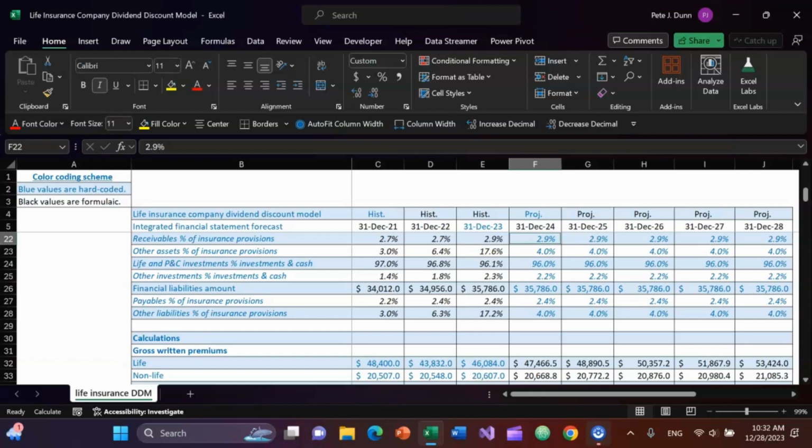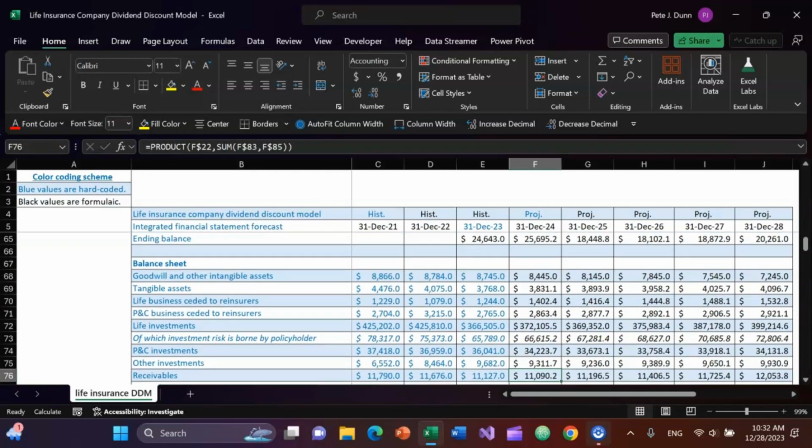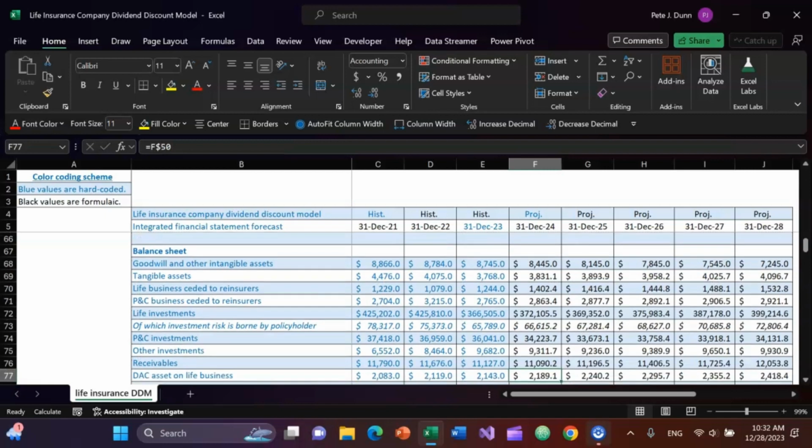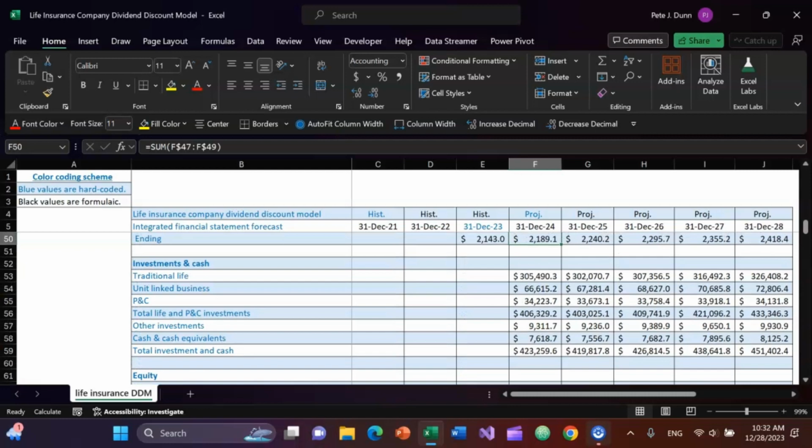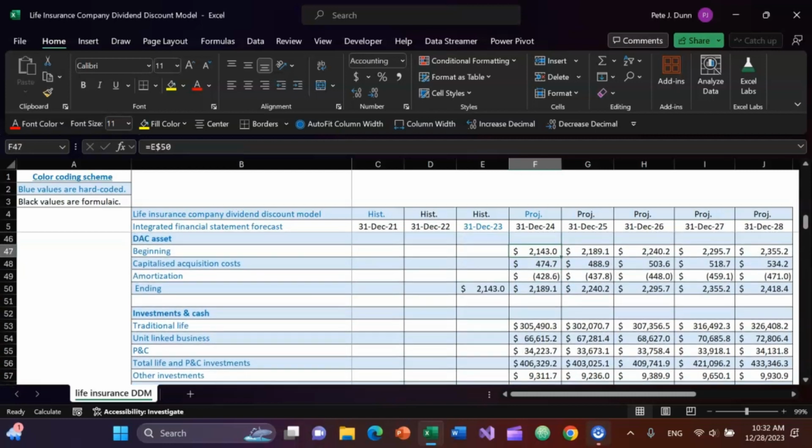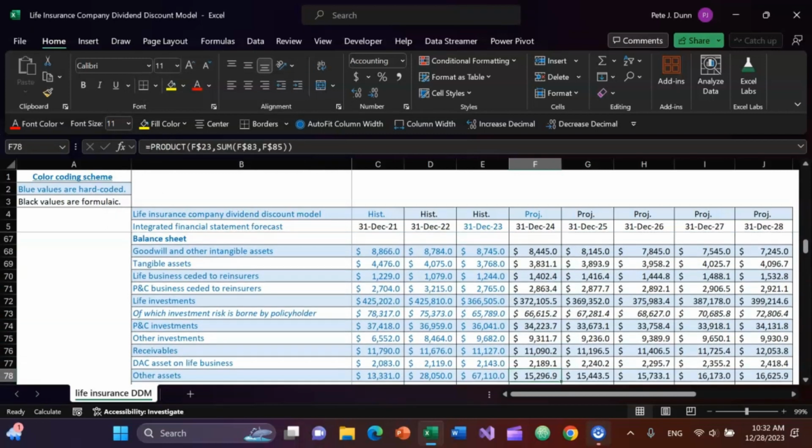We're assuming that assumption is 2.9%. F5 enter to get back. Deferred acquisition costs, that was already forecasted as well in the DAC schedule. So I'll do Control Left bracket to get up there, and you can see the schedule once more. F5 enter to get back.